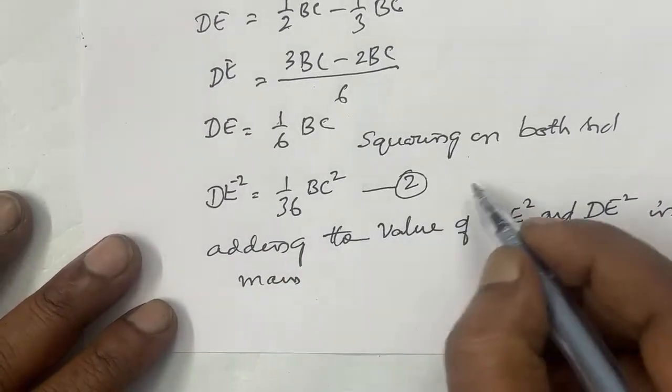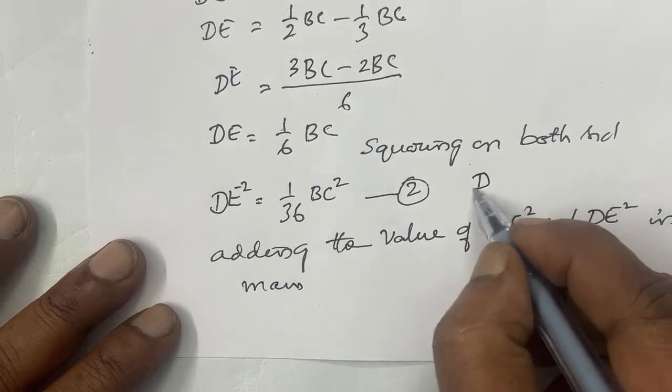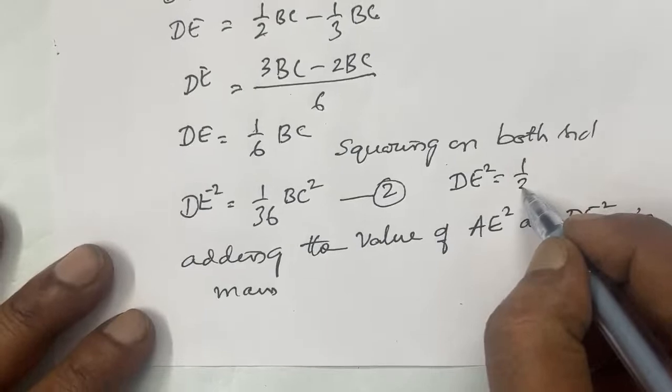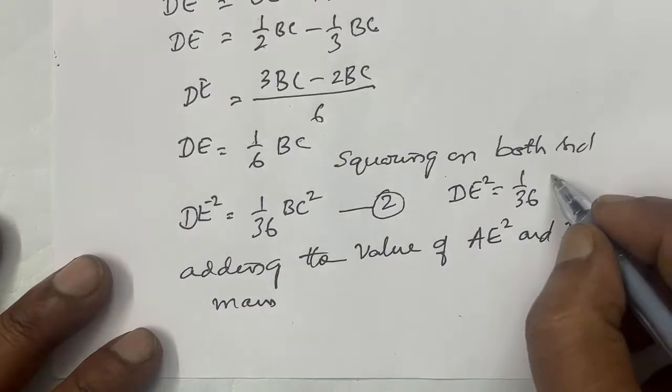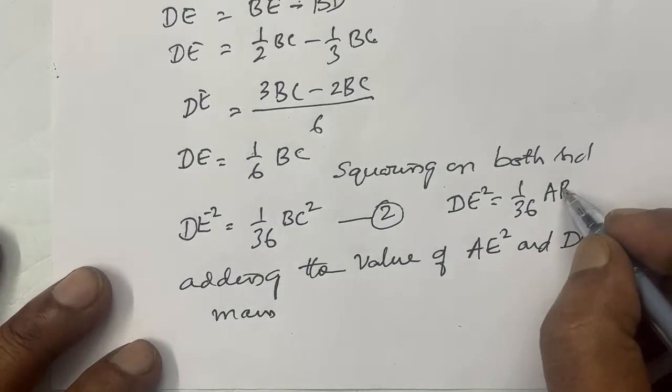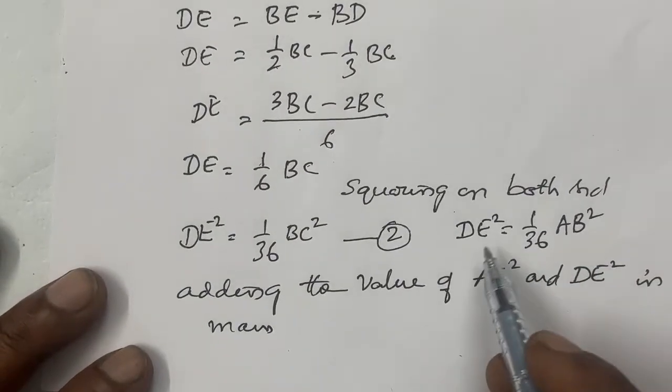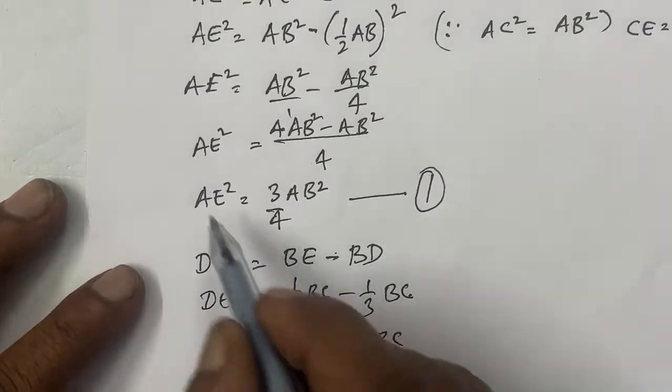Now you can see one little change here. DE is equal to 1 by 36 BC, and BC I can write as AB. Reason? Because equilateral triangle I can change everywhere.